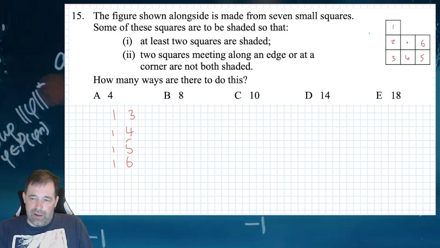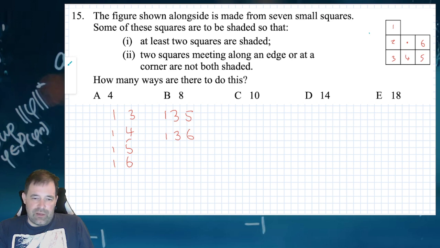But you could also have 1, 3 and 5, or 1, 3 and 6. If you have 1 and 4, you can't do another one. If you have 1 and 3, you could also have 1 and 5 and 6. So if we shade in 1 first, that's 6 options.